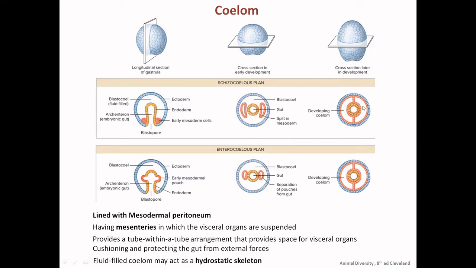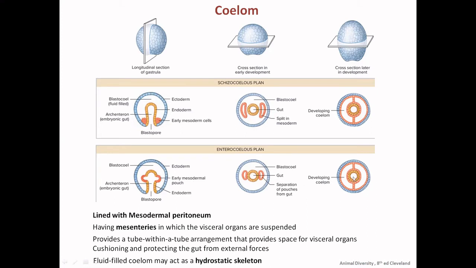This is schizocoely. Schizo means splitting of the mesoderm layer. In the second one, we can see that the mesoderm develops by pouch formation from the endoderm layer, the inner germ layer of the body, and finally the cavity is formed in this pouch.